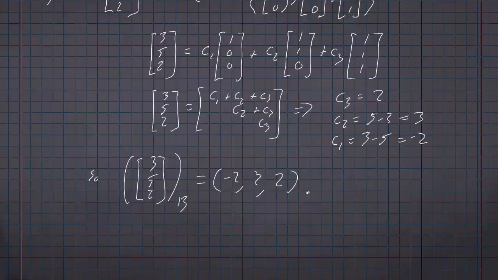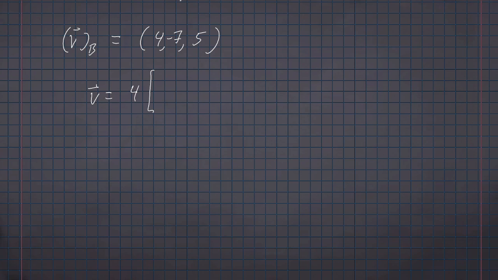Likewise, going the other way, if I have a vector and I know that relative to this basis, we can represent that vector as 4, -7, 5, I can get that that vector is 4 times the first vector in the basis, 1, 0, 0, minus 7 times the second vector in the basis, 1, 1, 0, plus 5 times the third vector in the basis, 1, 1, 1.